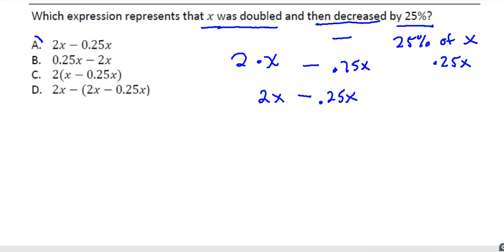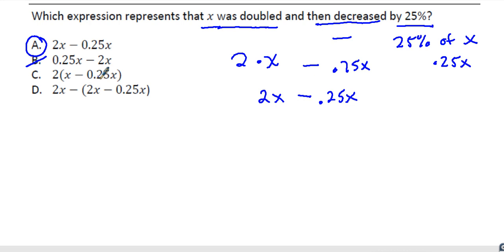That's represented by A. So let's confirm that there aren't any other correct answers. So we have 0.25x minus 2x. Well, that's not true because you're not decreasing by 2x. 2 times x minus 0.25x, that's not true.